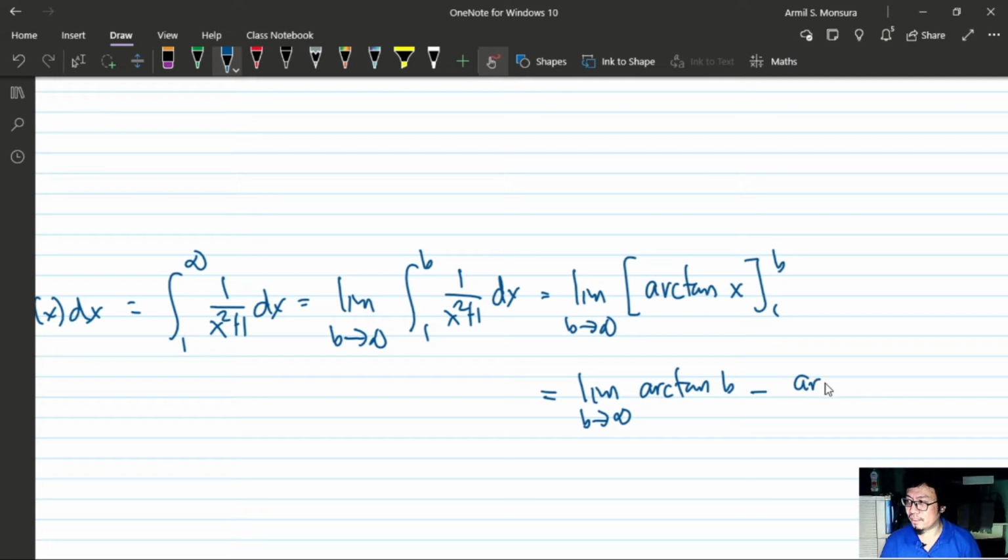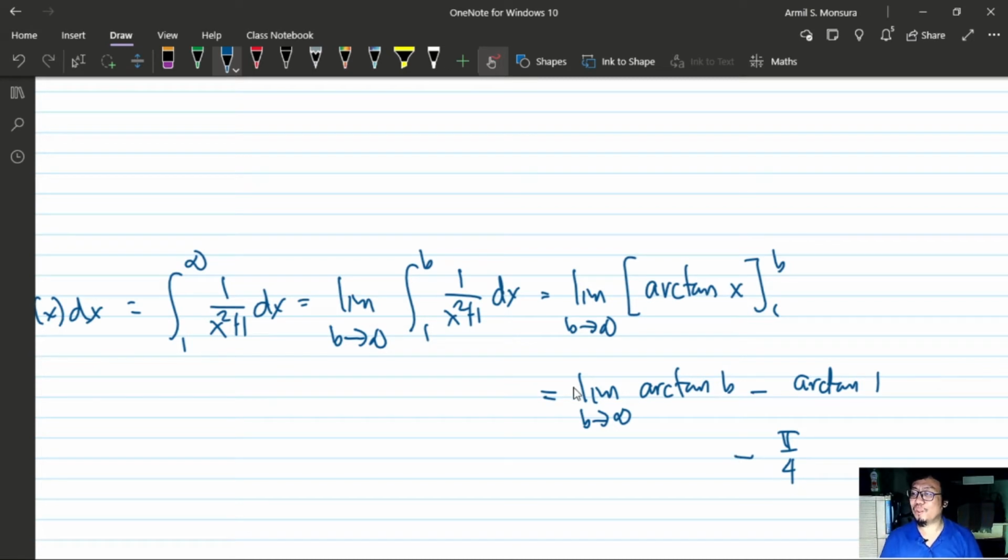This is simply arctangent of 1, which is basically pi over 4. You can try that out with your calculator, but remember to set your calculator in radians.